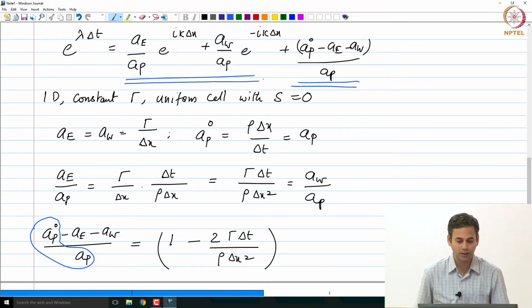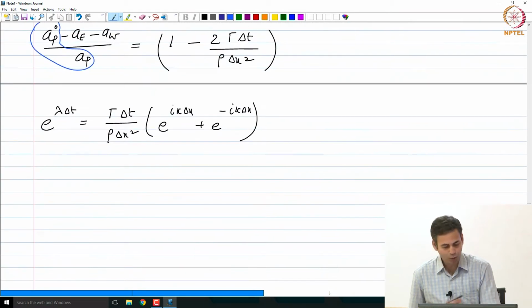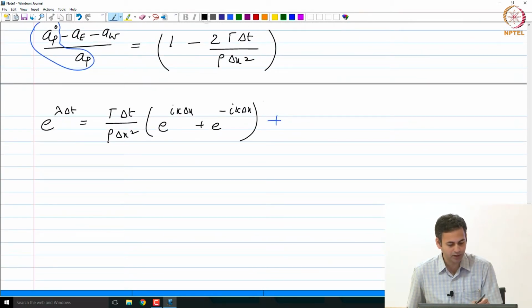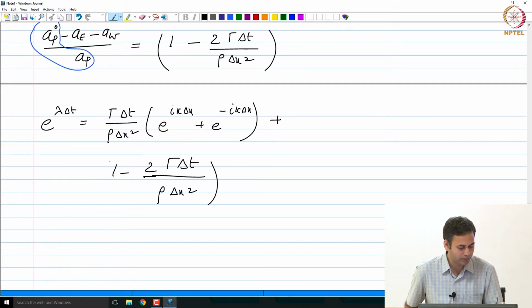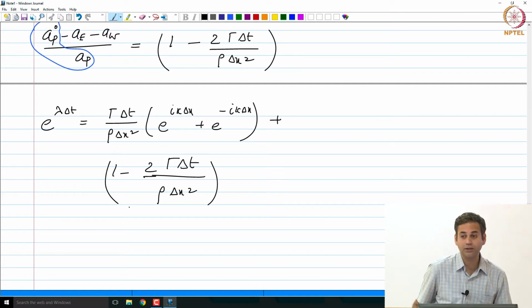Okay. And then we have plus this guy, plus we have 1 minus 2 gamma delta t by rho delta x square, right. That is the total value.